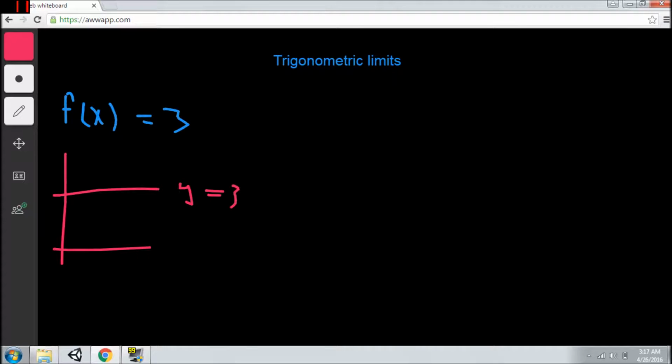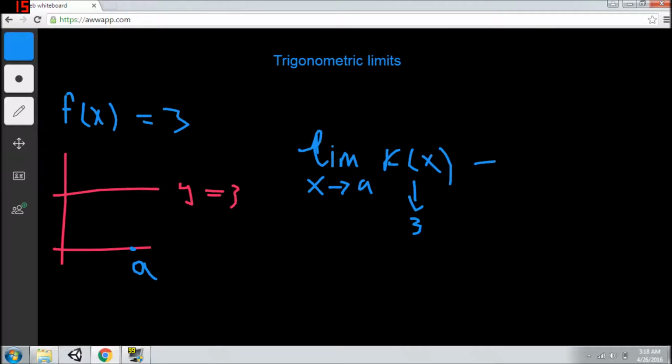If you take the limit as x approaches a, whatever constant a is, of 3, what would this be equal to?